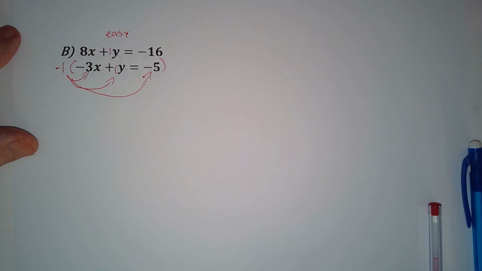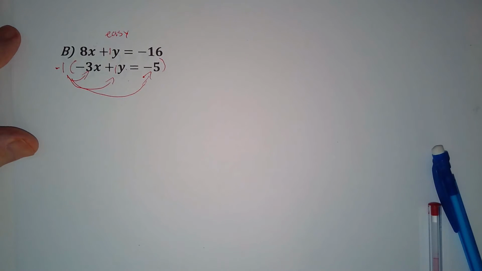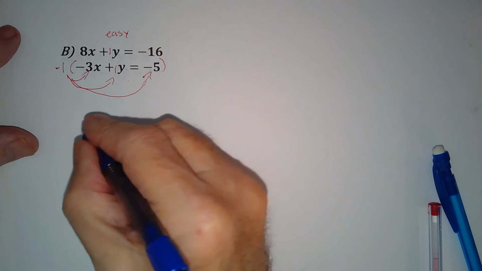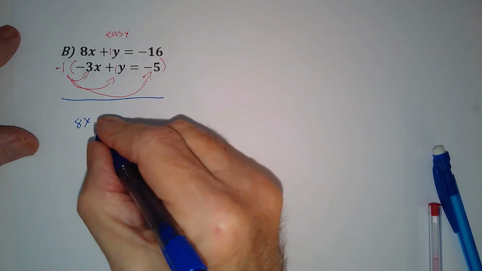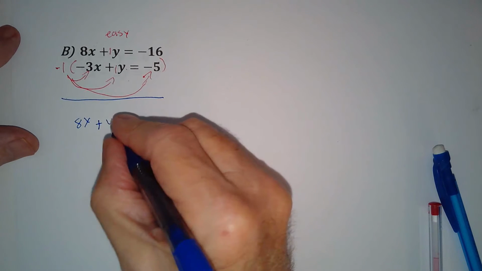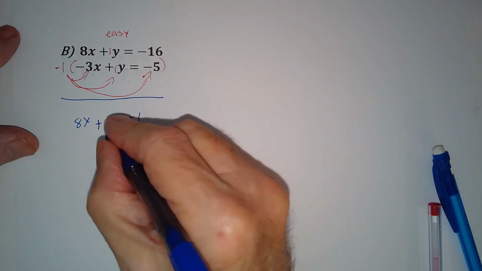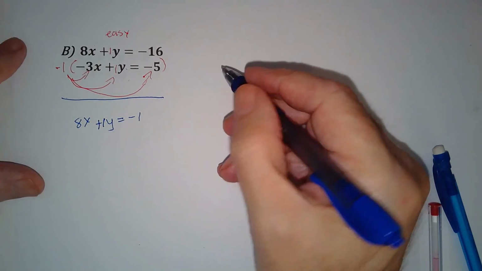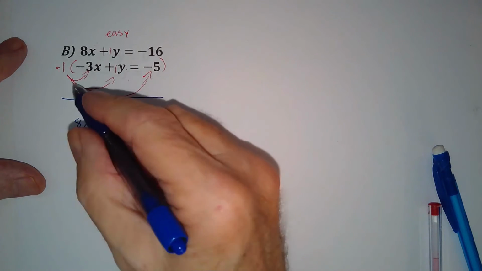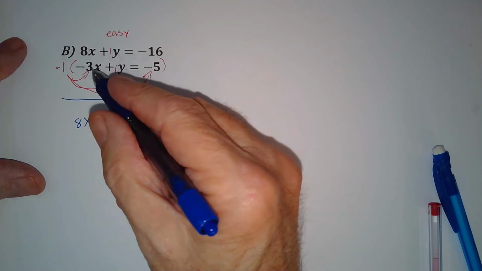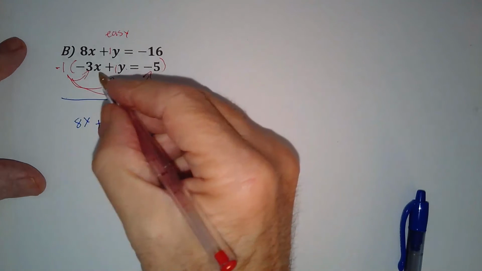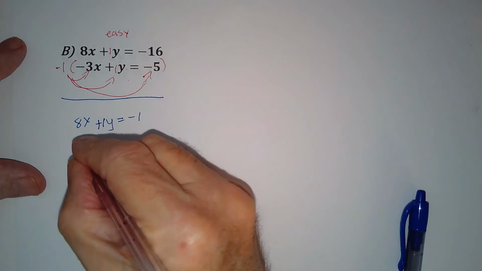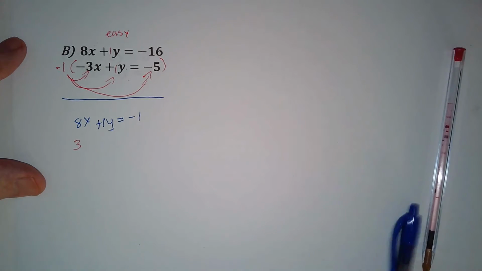Okay, so let's distribute. First, I'm going to rewrite my top equation, which is 8x plus y equals negative 1. We'll call it 1y because we're going to have that in play. And then distributing the negative 1 times negative 3, negative times negative, that's going to give us positive 3x.